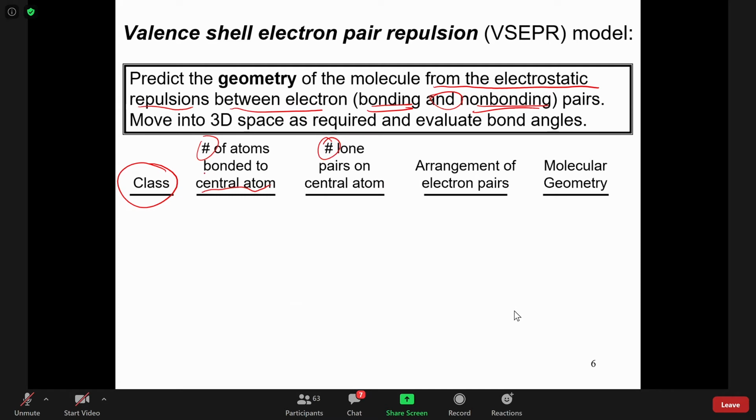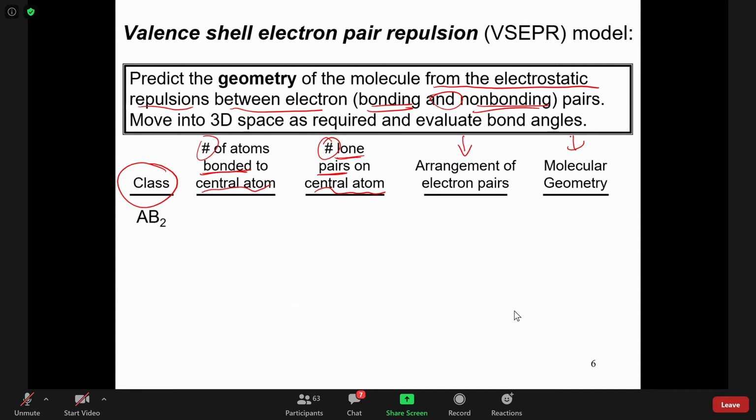So again, we're going to be considering bonded atoms and lone pairs on the central atom. Then we're going to compare what we call the arrangement of the electron pairs and how that relates to something called the molecular geometry.